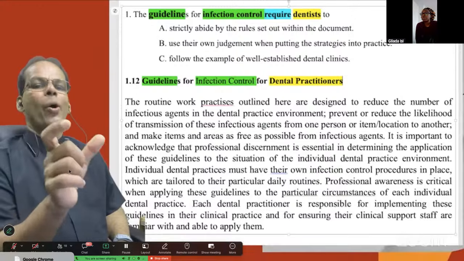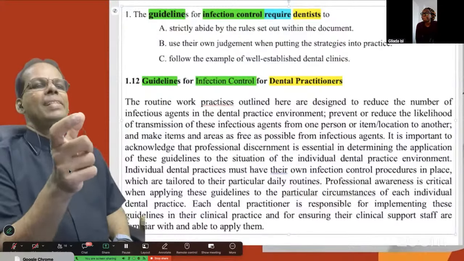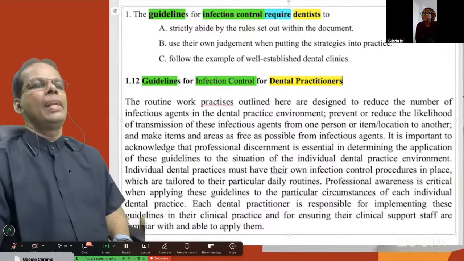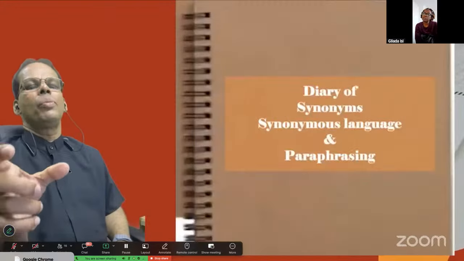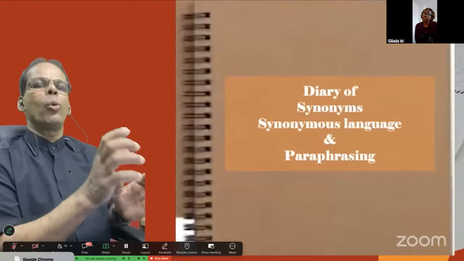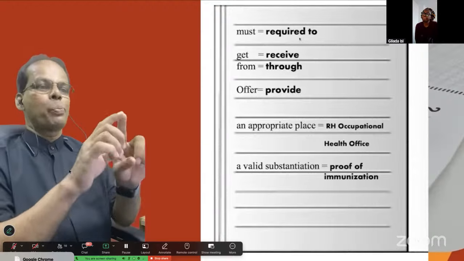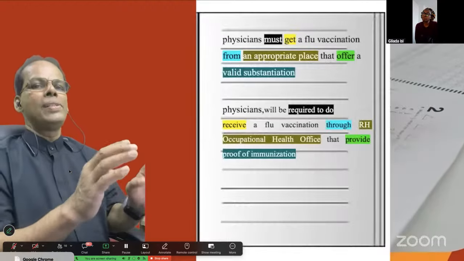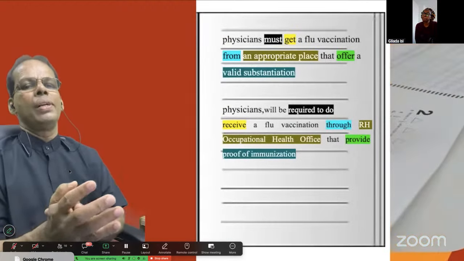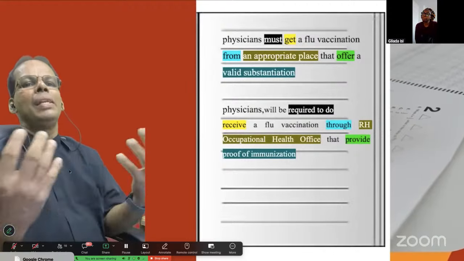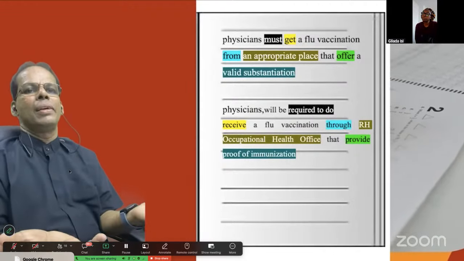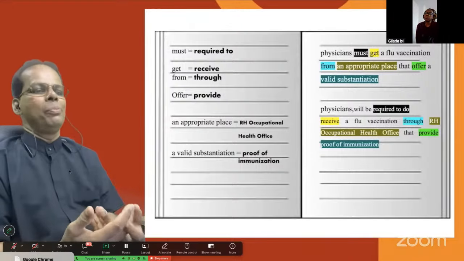All these are synonyms. Synonymous expression means here you see dentist, dental practitioners. One word is substituted by a group of words, a group of words is substituted by another group of words. Whereas paraphrasing means one sentence using different words put in a different way, but they mean the same. Both the sentences mean the same.